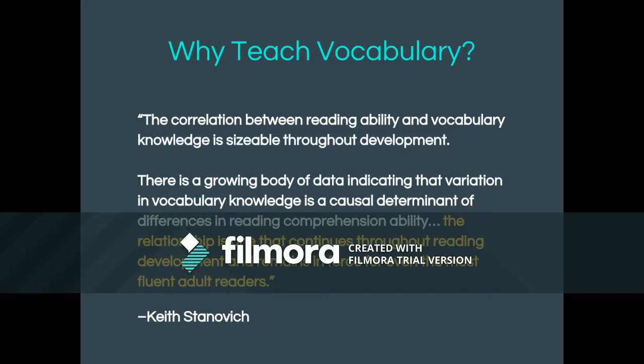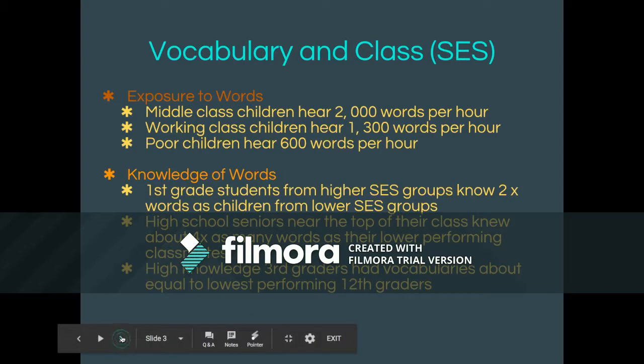So if kids come into school with a limited vocabulary, it tends to just stay limited and then increasingly becomes worse because their peers are indeed moving ahead of them.